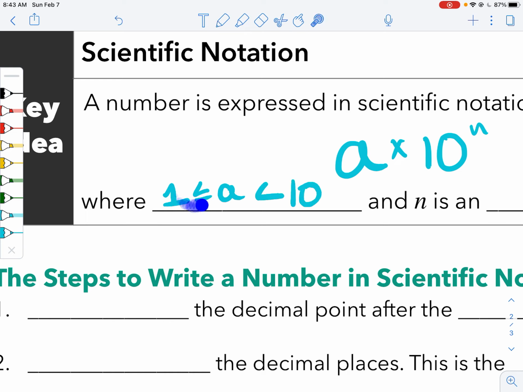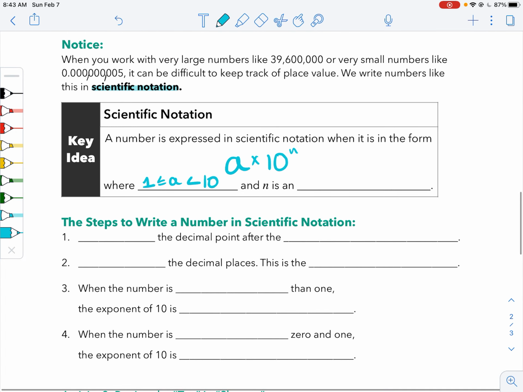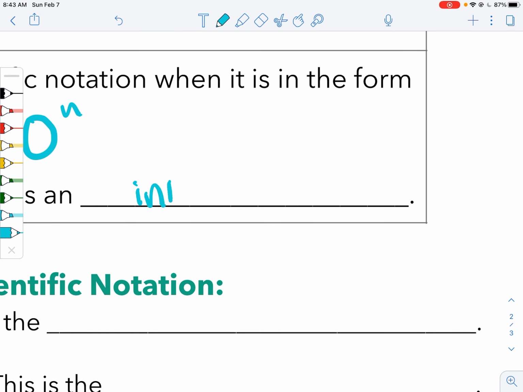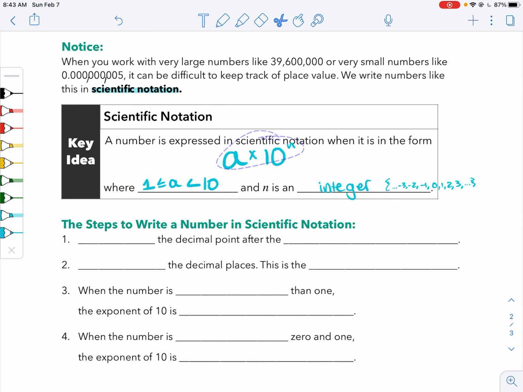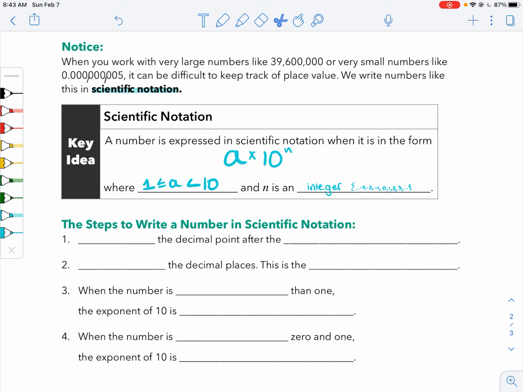So A is greater than or equal to 1, but less than 10. And n has to be an integer, which means you can't have like a half power or anything. Remember that integers are numbers like -3, -2, -1, 0, 1, 2, 3, etc. Okay, so when you see scientific notation, think something times 10 to a power.